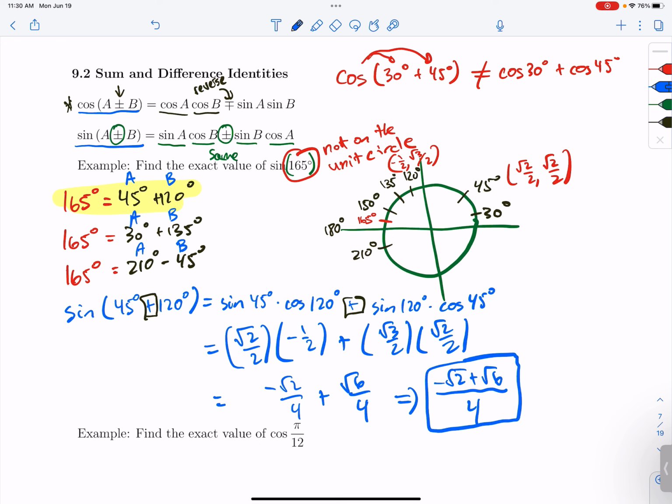Okay. Now, we could type this into the calculator and get a decimal approximation. And I'll go ahead and do that. Looks like my calculator might be dead. Here we go. All right, negative root 2 plus root 6 divided by 4.